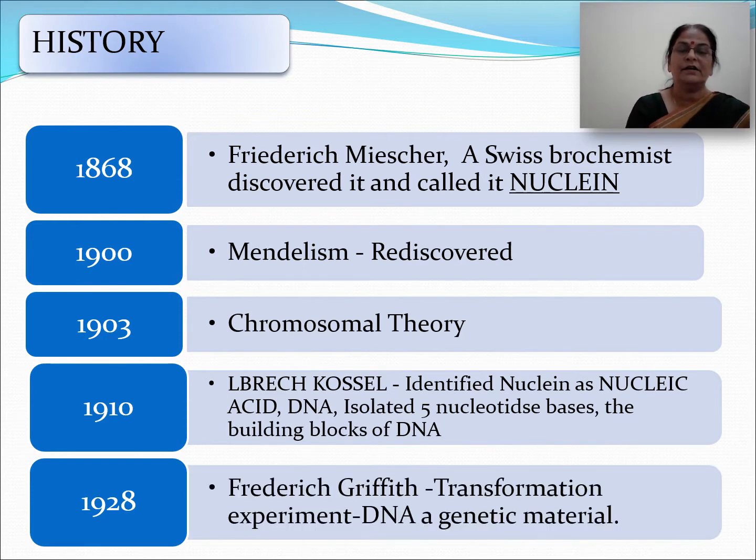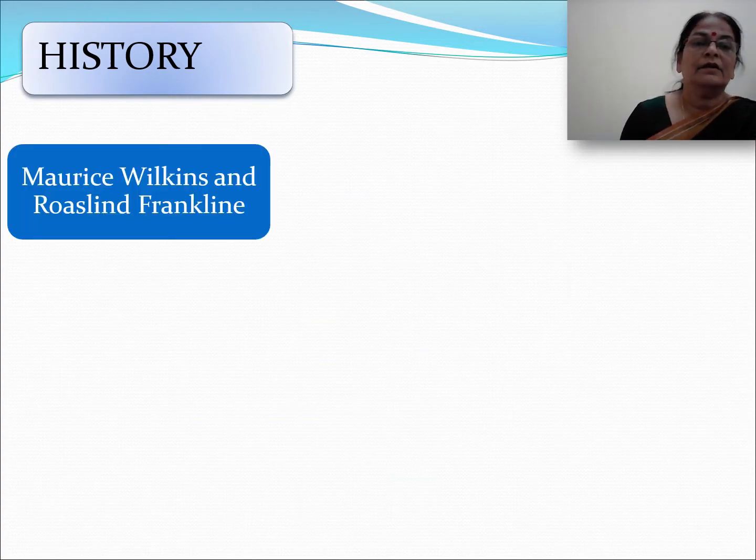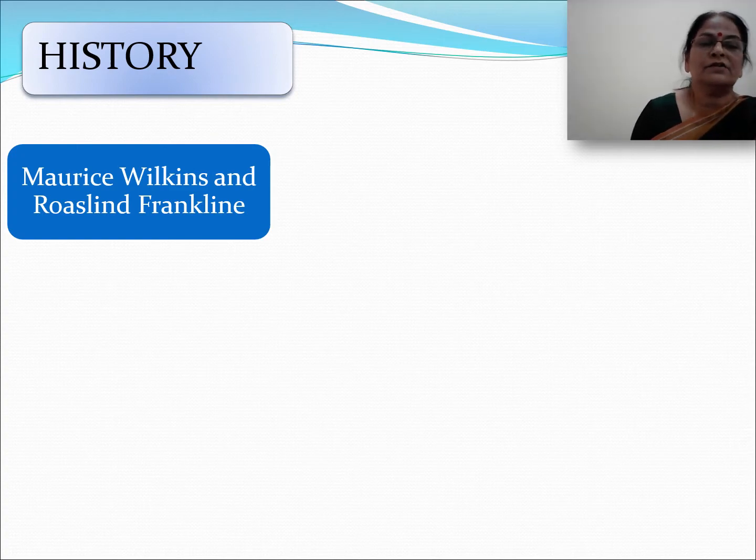1928, a very interesting thing happened when Frederick Griffith's transformation experiments proved DNA a genetic material. And then came Maurice Wilkins and Rosalind Franklin.